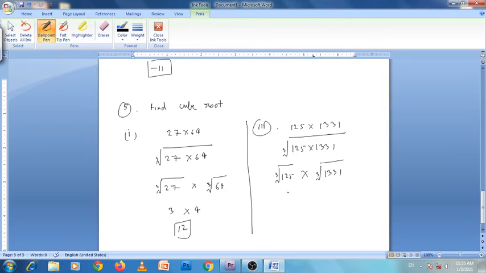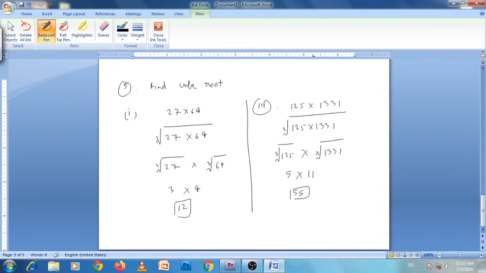So cube root of 125 is 5 and of 1331 is 11. So 11 5s are 55. So 55 is the cube root of this number, 125 into 1331. And the fifth part of this question.